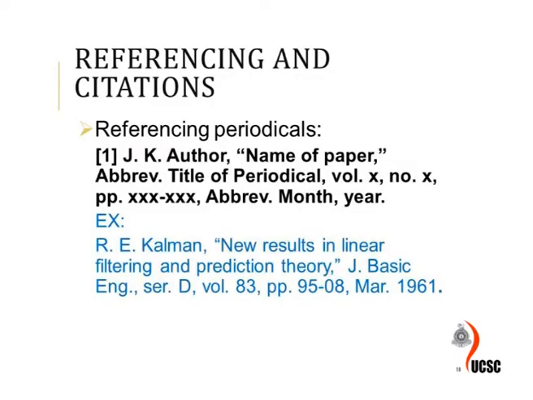For periodicals, there is another format which you need to consider. Also, when you are referencing inside the text, you can refer not only to one item, you can refer to several items. For example, several references can be referred to as shown here.